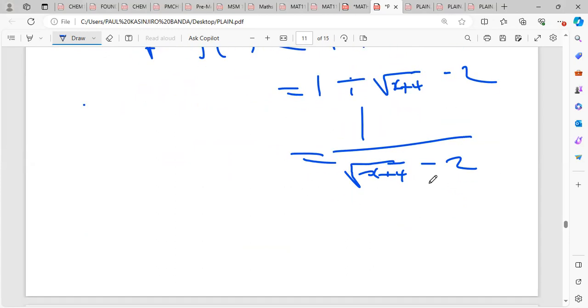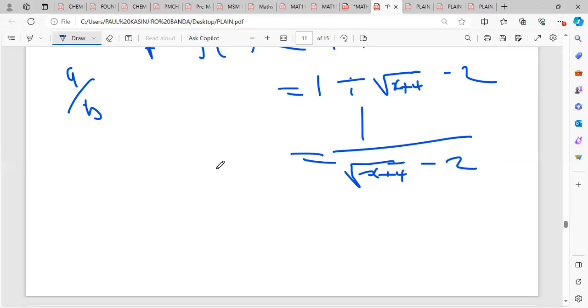So now how do we find its domain? We can see that this is a rational function because we have something over something, in the form of a over b. So how do we find the domain of a rational function? You simply equate the denominator to 0 and solve for x.